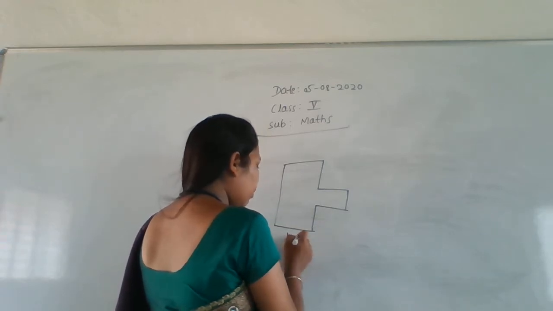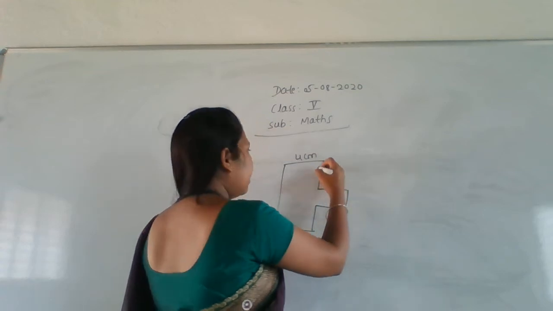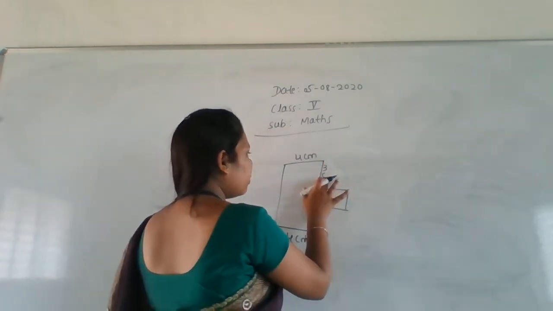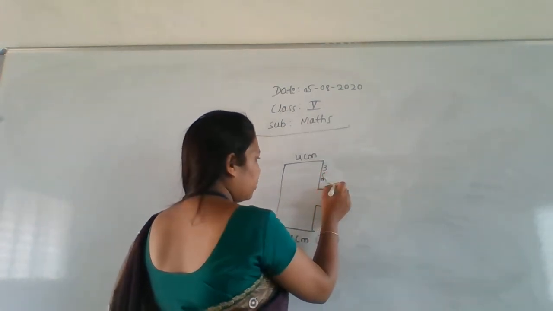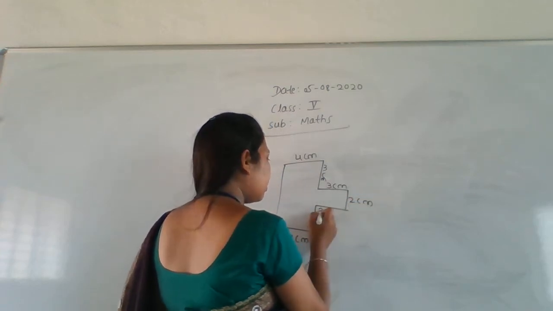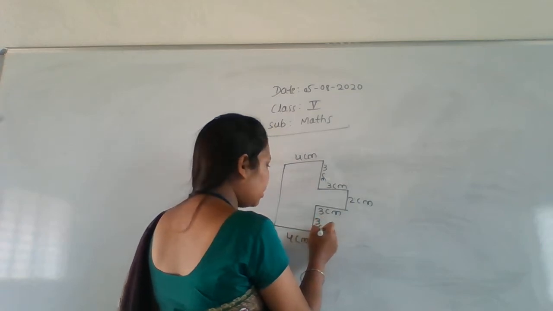Okay. So here 4 centimeter. Here also 4 centimeter. And next here 3 centimeter, and here also 3 centimeter. Next here 2 centimeter. This is also 3 centimeter. And next here 3 centimeter.